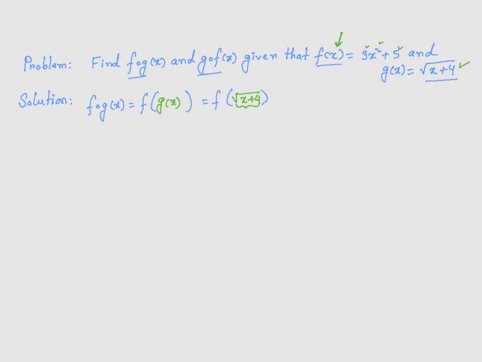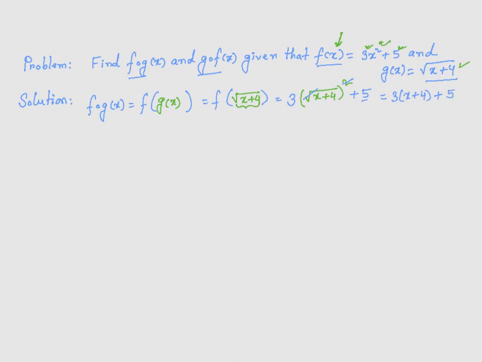So it's going to take the input square root of x plus 4, square it, then multiply it by 3 and add 5 to it. Please note, square and square root are going to cancel. That's going to give you 3 times x plus 4, then add 5 to it.